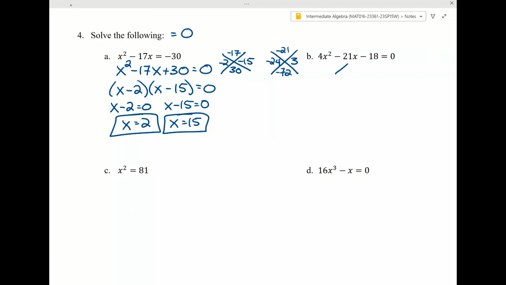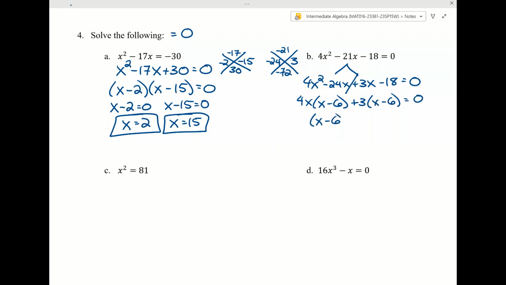So instead of writing negative 21x, we would write negative 24x plus 3x minus 18 is 0. Cutting it down the middle, you could take out a 4x and you get x minus 6. Taking out a 3, we get x minus 6. So x minus 6 times 4x plus 3 would be the factored form.